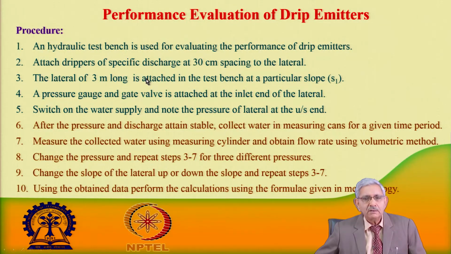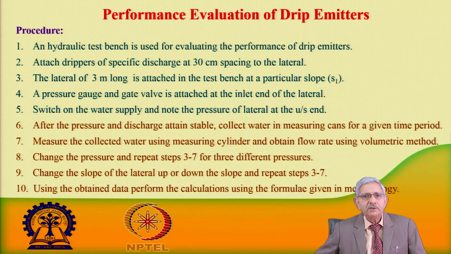So, here in our laboratory we have made our own hydraulic test bench. It is of course very small in size, that is 3 meter long, and in this test bench a 3 meter long lateral pipeline is attached, and there is a provision in this test bench that one can change the slope. So, slope can be made up the hill or down the hill.